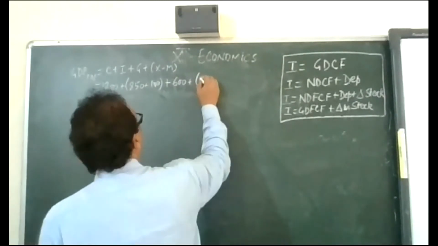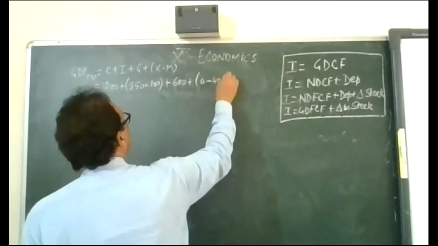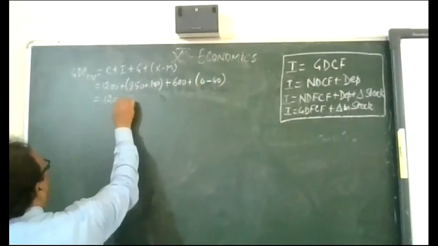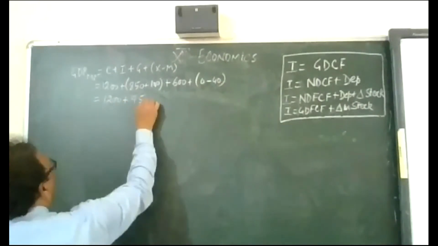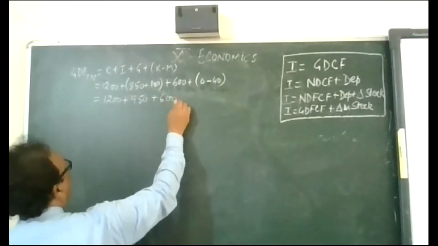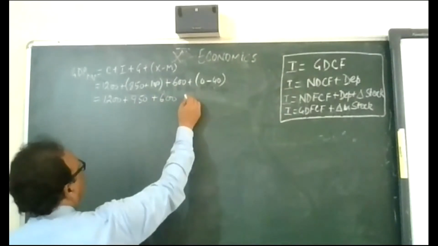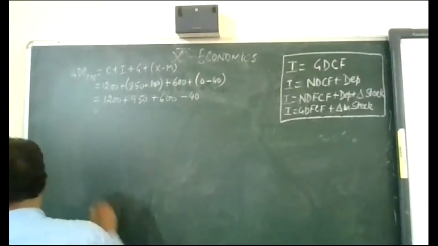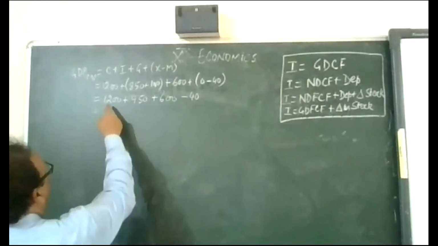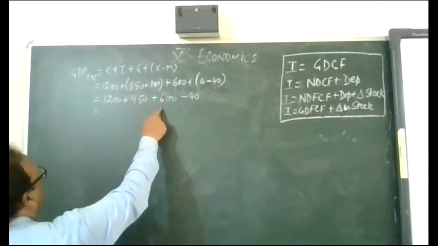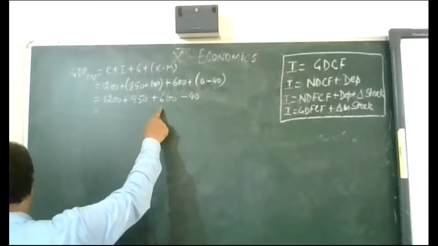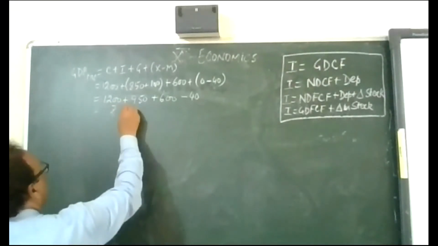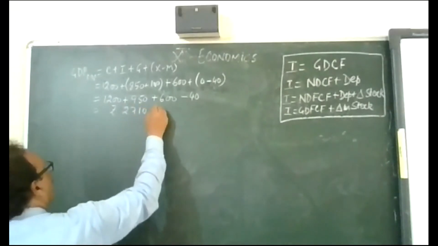Net imports, exports nothing, minus imports 40. That is 1200 plus 950 plus 600 minus 40. That totals up to 2710 crores.